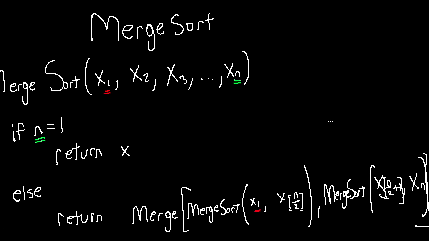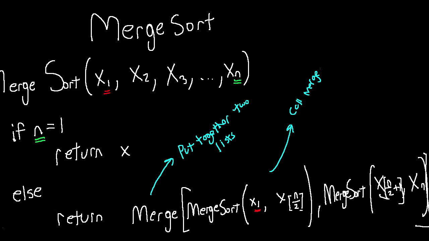So this is a little bit confusing right here, right? It's supposed to be confusing. It wants us to merge. Let's go ahead and annotate this a little bit so we have a bit of information. It's telling us to return put together two lists. This says put together two lists, and the lists we have are: call merge sort on the first half.